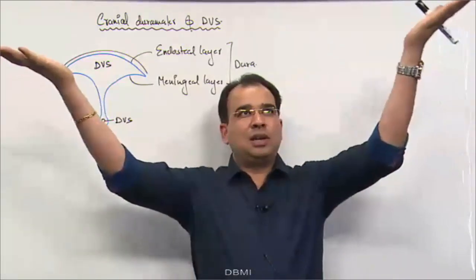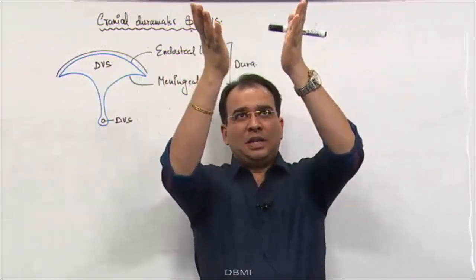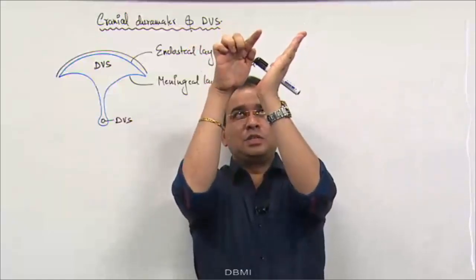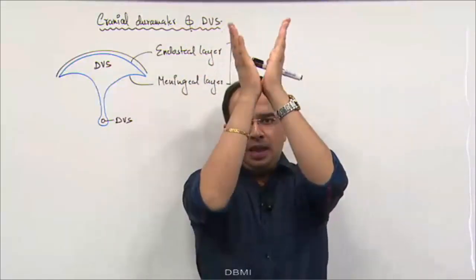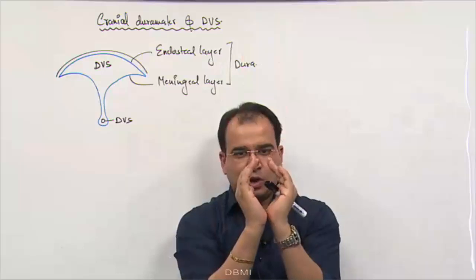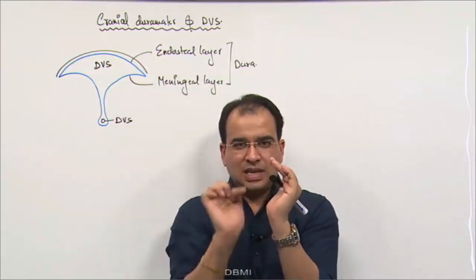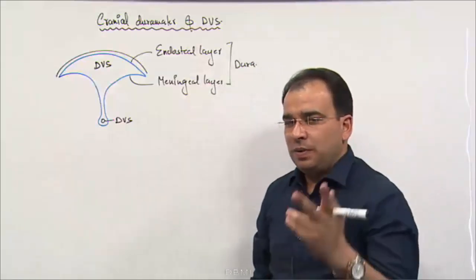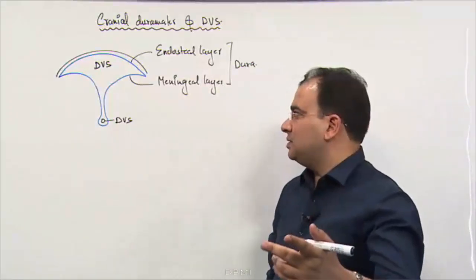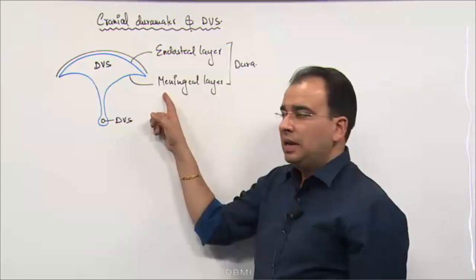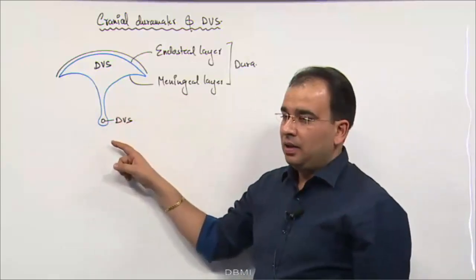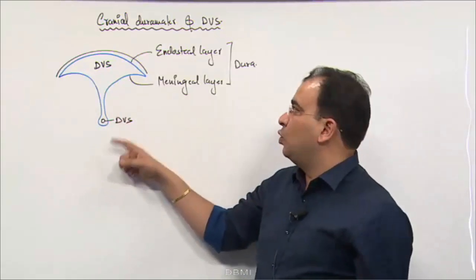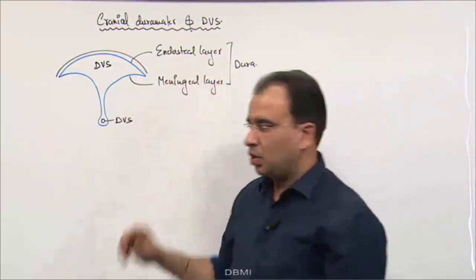If this is the endosteal layer, the meningeal layer comes like this. So the meningeal layer forms a dural venous sinus here, which is between the endosteal and meningeal layer, and then this meningeal layer goes down, and it is also trapping a sinus inside here. So this sinus is present away from the bone, so it is only in the meningeal layer. So please remember, we have two types of dural venous sinus, one between endosteal and meningeal and one within the meningeal layer. But we never have a sinus present only inside the endosteal layer. That is not possible.